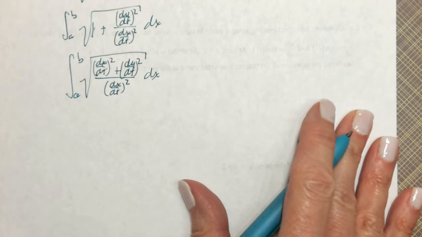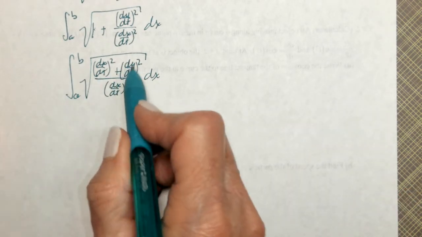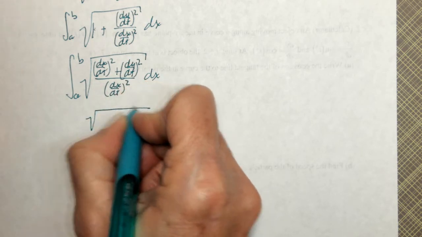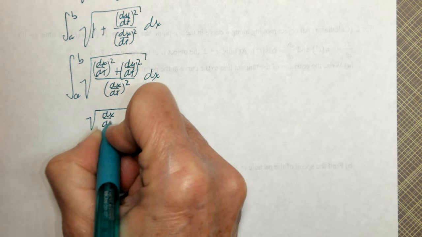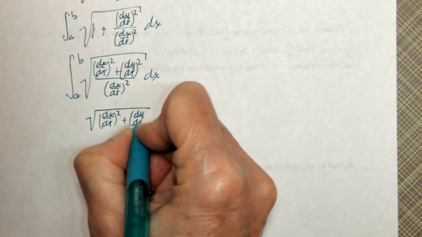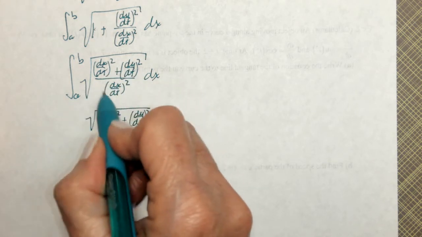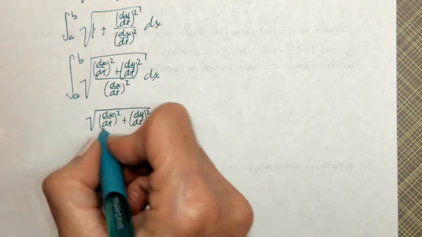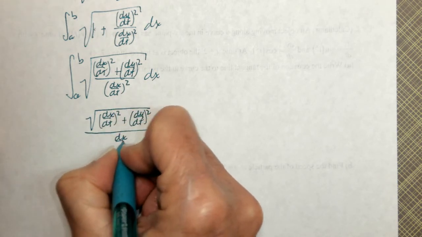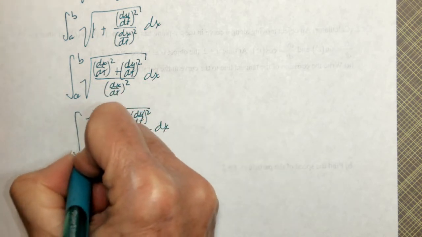Now when we have the square root of a fraction, it's the square root of the numerator divided by the square root of the denominator. So in here I have the square root of (dx/dt) squared plus (dy/dt) squared, that's my numerator, divided by the square root of (dx/dt) squared. Well, the square root of (dx/dt) squared is dx/dt. I'm going to copy down everything else.